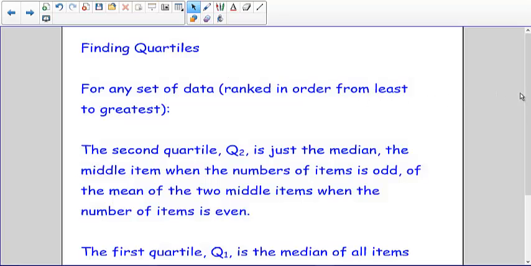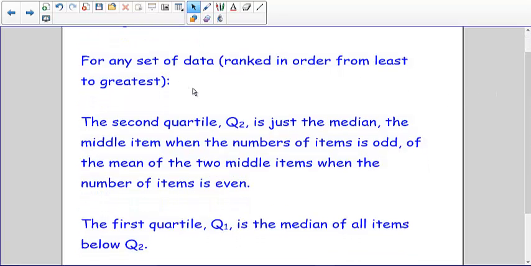Like I said, you rank the data from least to greatest. The second quartile is just the median. If you have an odd number of data points, it's the middle data point: you take the number of data points, divide by 2, and round up. If you have an even number of data points, you divide by 2, take that number in the ranking and the next higher one, and take the average of those two numbers.